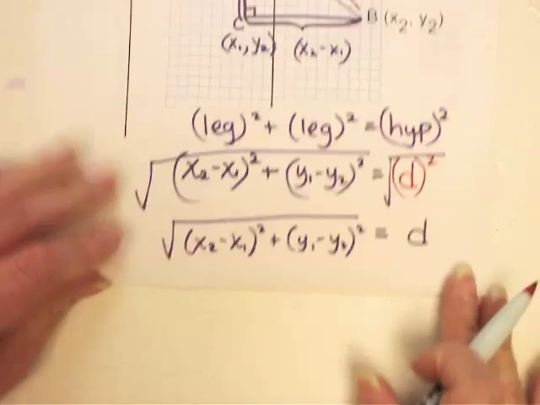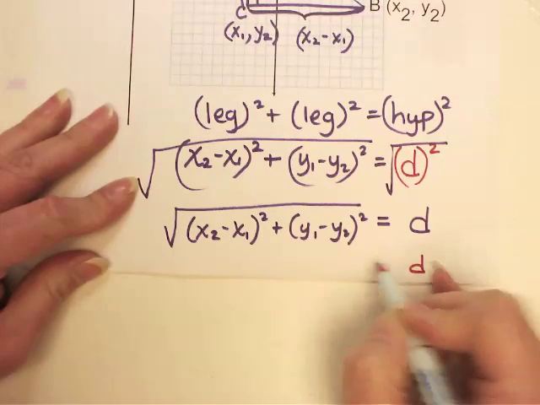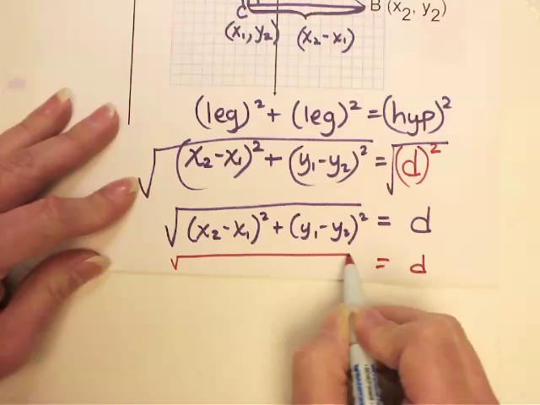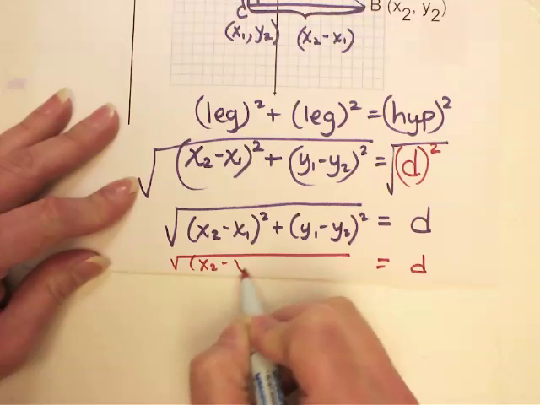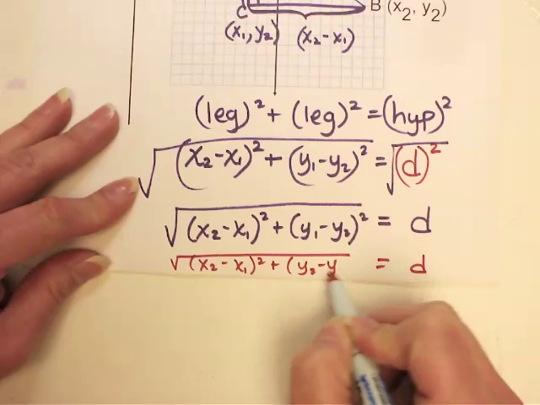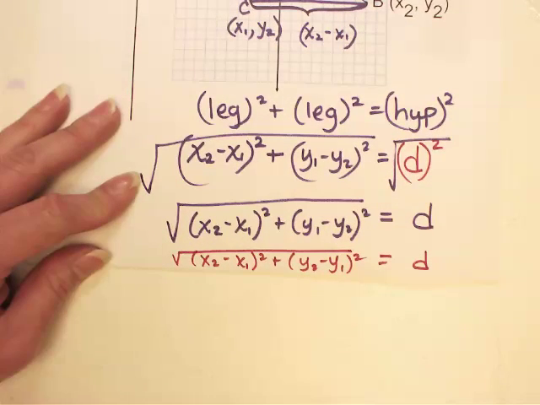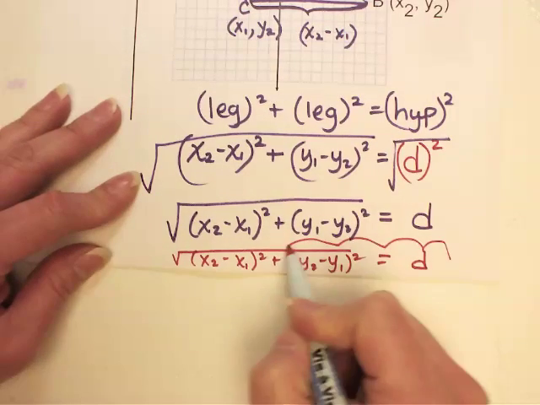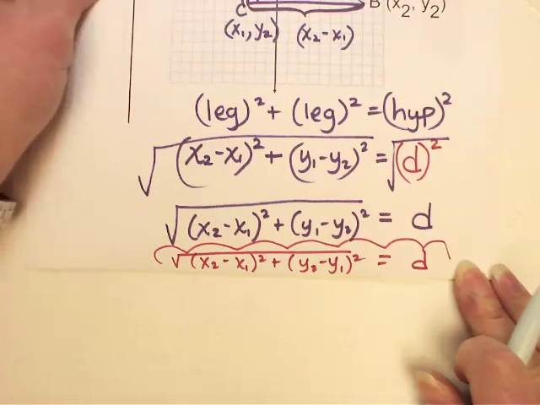So I could say the distance is the square root of x sub 2 minus x sub 1 quantity squared plus y sub 2 minus y sub 1 quantity squared, because they will come out the same when we subtract and square. So this is our distance formula, and now you know where it comes from: the Pythagorean theorem.